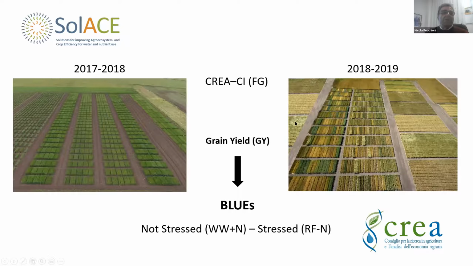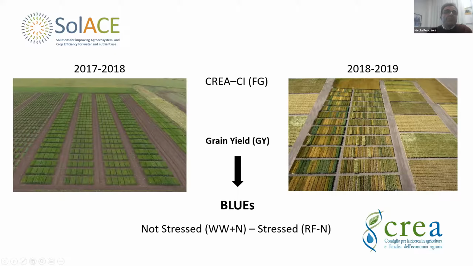The SolACE data from the two field experiments that were done in Italy at CREA of Foggia in 2017 and 2018 in this season, in which we had no stressed condition, well watered and nitrogen, and the stressed condition in southern Italy in rain-fed and minus nitrogen.